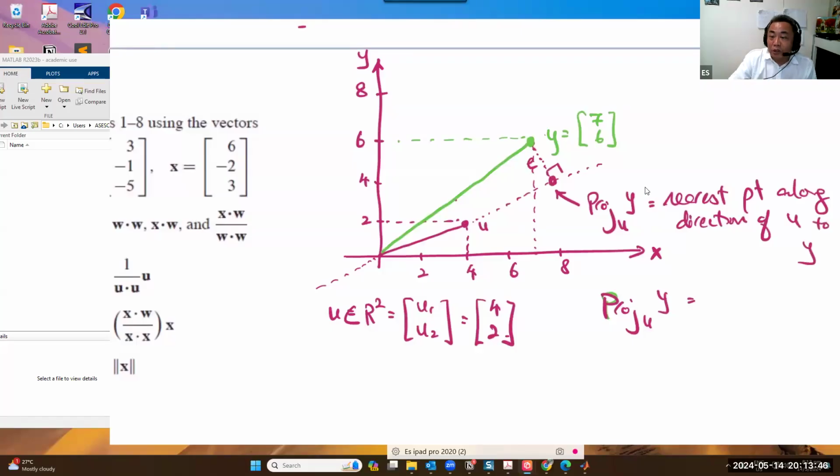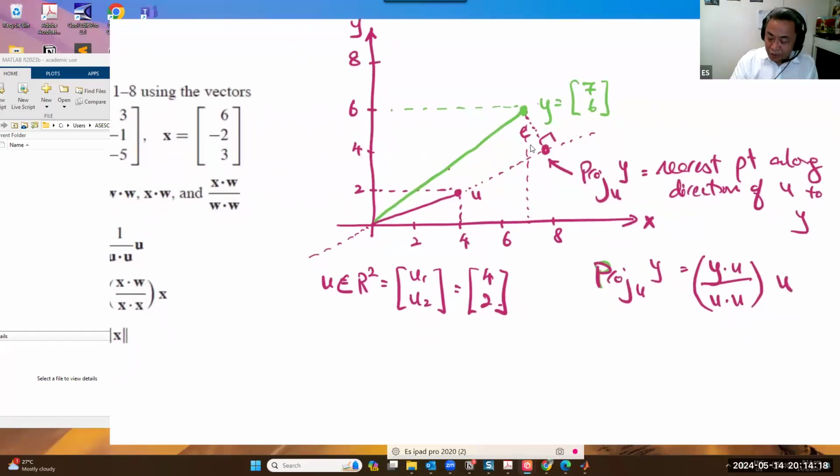So the projection of y onto u is a vector along the direction of u that is closest to y. And the equation is y dot u divided by u dot u multiplied by who, guys? The vector u.